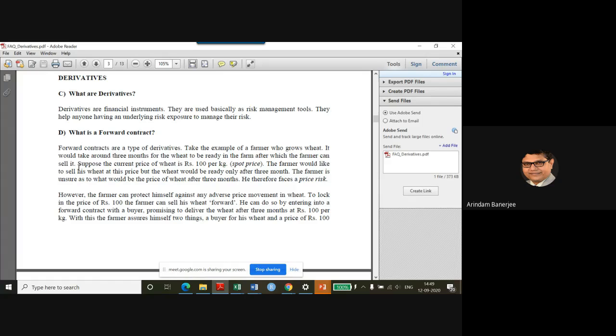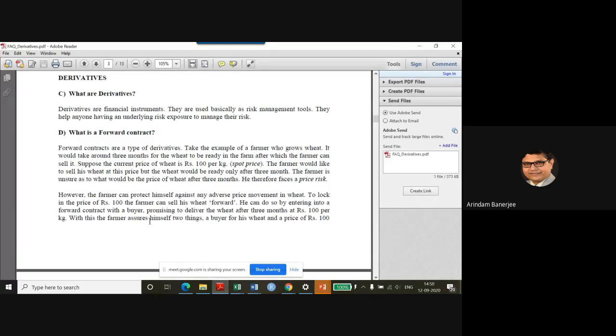Suppose the current price of wheat is 100 per kg, that is spot, and he would like to sell his wheat at this price, but the wheat would be ready only after 3 months. The farmer is unsure as to what would be the price of wheat after 3 months. Therefore, he faces price risk.